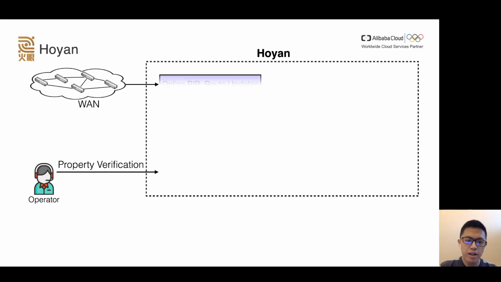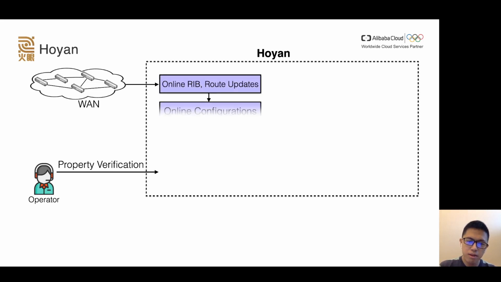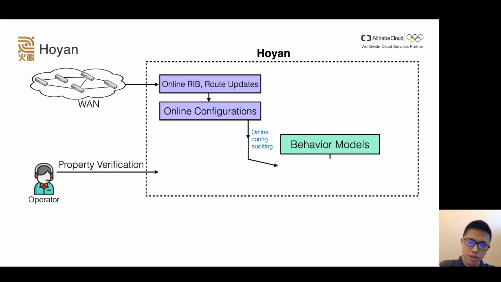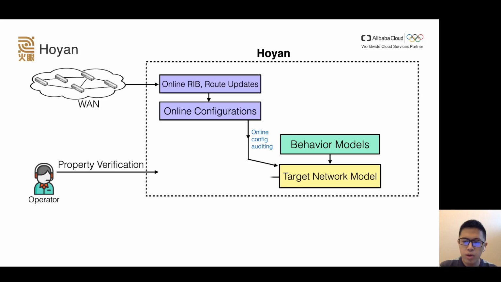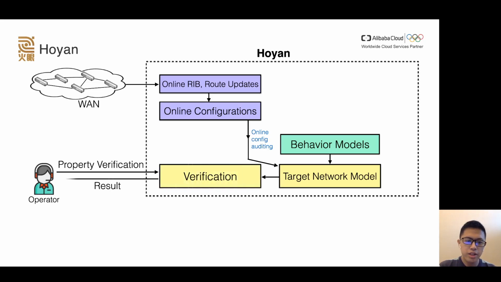Let me show you the online configuration verification workflow. First, the operator queries Huoyan for her verification purpose. Second, Huoyan loads online configurations and generates network behavior models. With the network model and verification intent in hand, Huoyan reasons about whether the network model meets the input property.